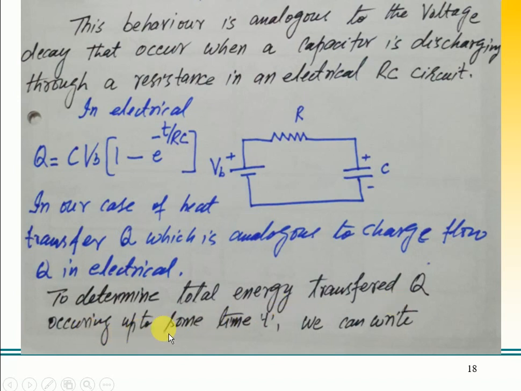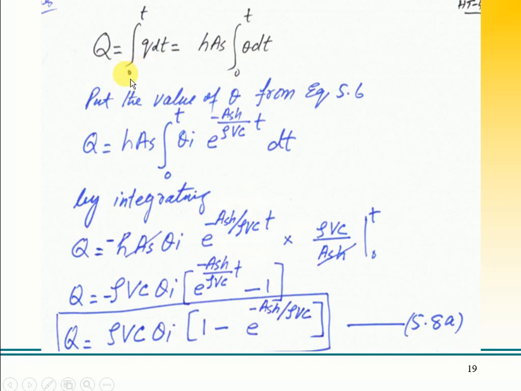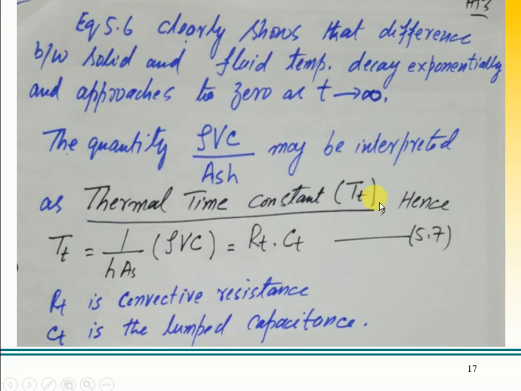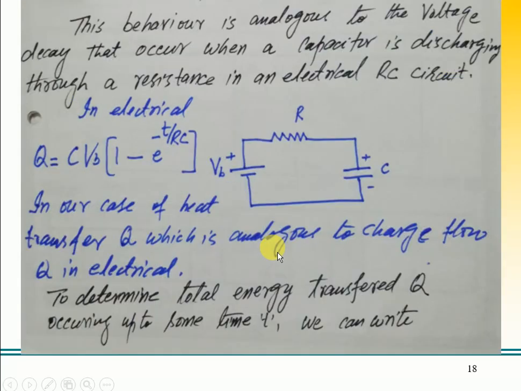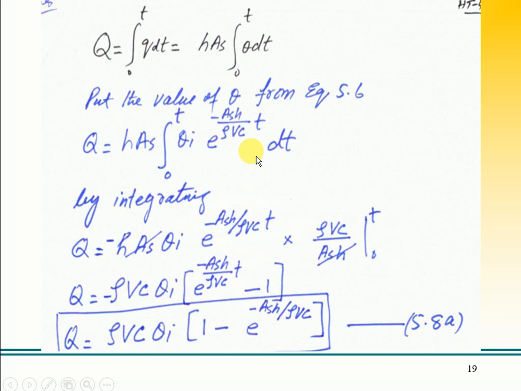So to determine the total energy transferred Q up to some time t, we can write, in the analogous system like the capacitor, Q as the integral of q dt, which is hAs, because the heat transfer is convection, integrated from 0 to t of θ dt. And if I put the value of θ from equation 5.6, θ is equal to θi times this exponent term, and then we have this relationship.